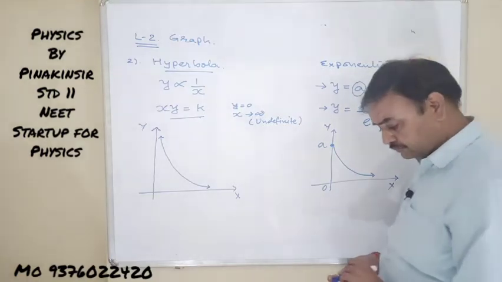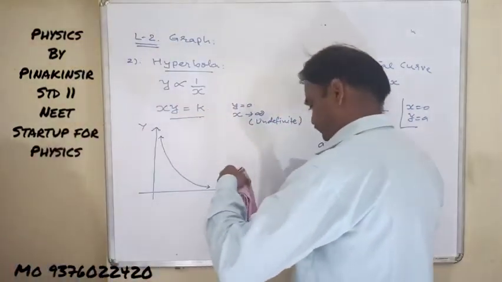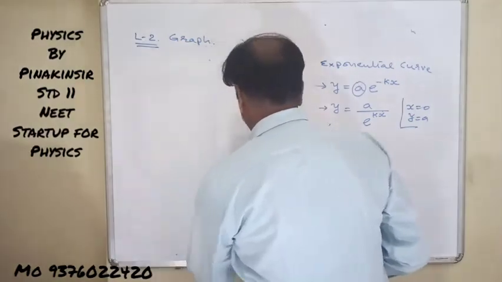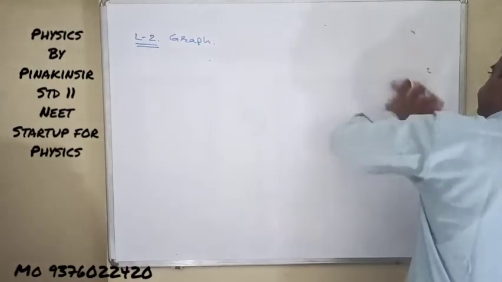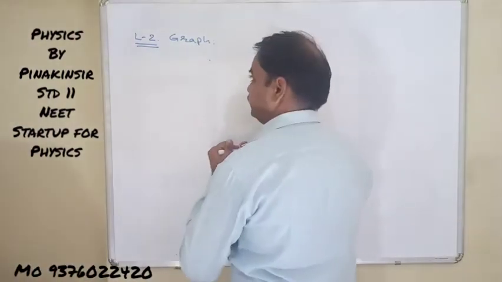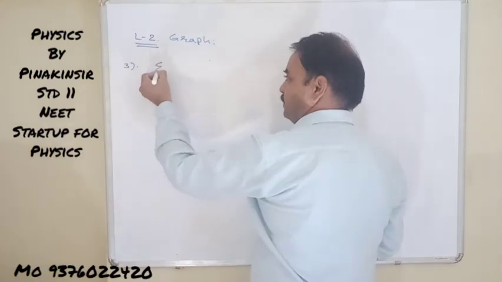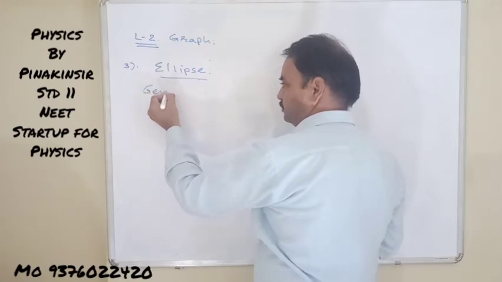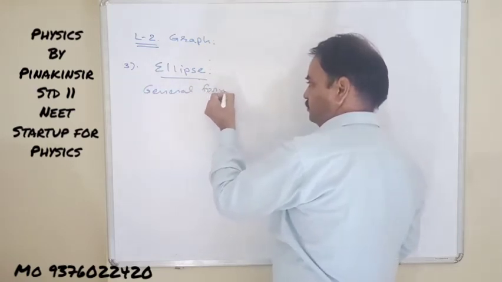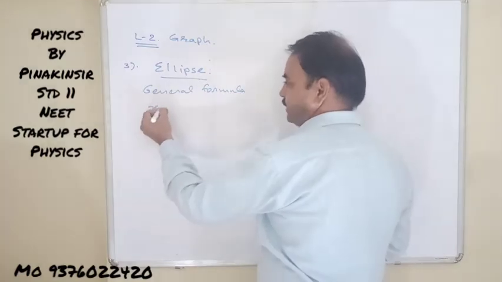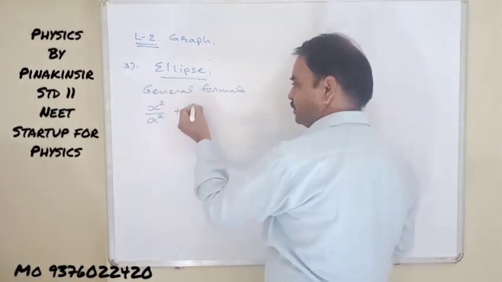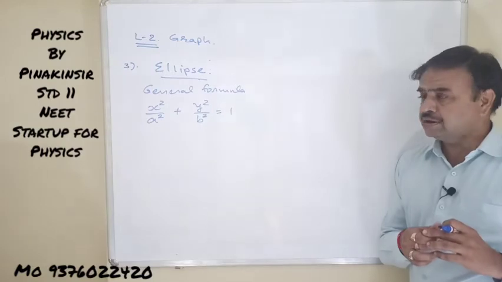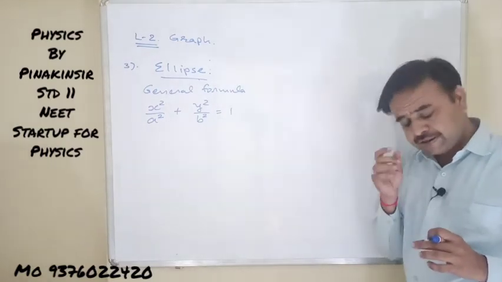One more curve is there, and that is the ellipse. Number 3, ellipse. General formula: x square by a square plus y square by b square is equal to 1, where a and b are some constants and x and y are variables.